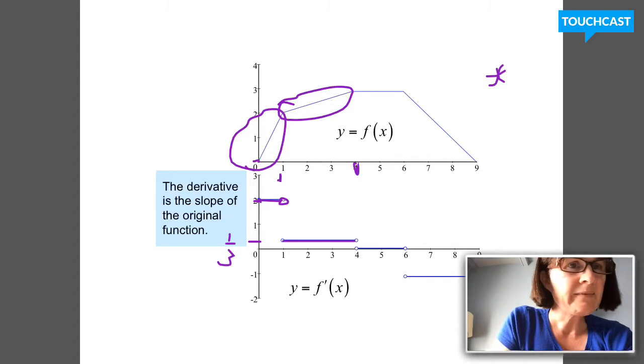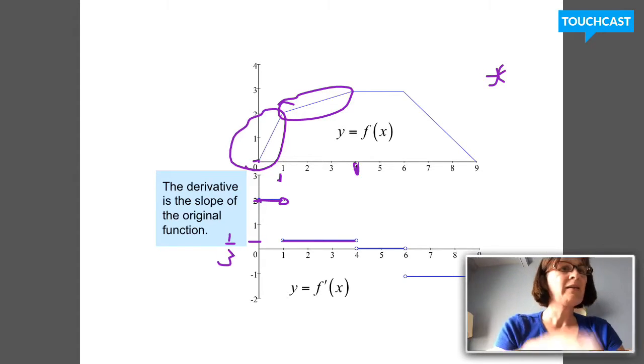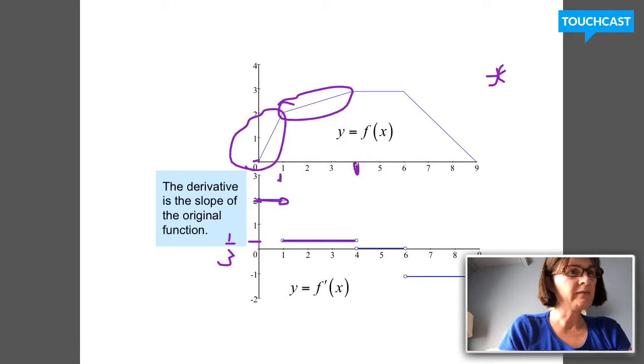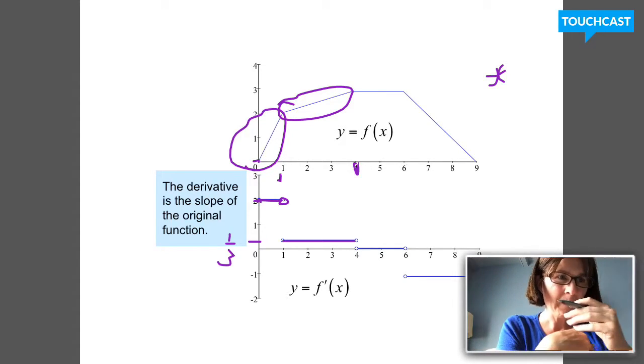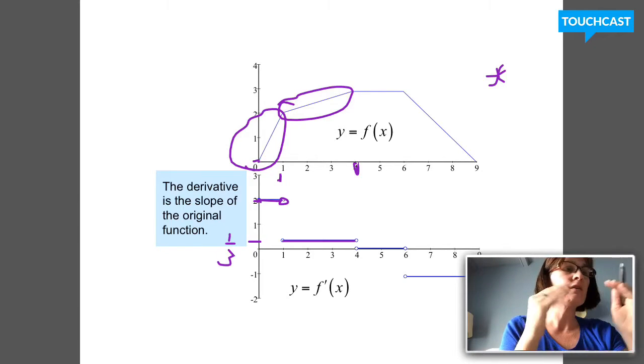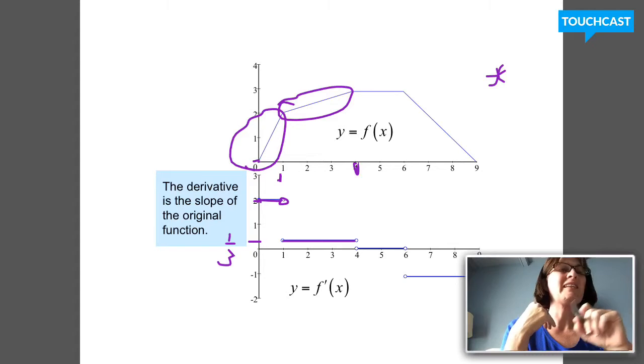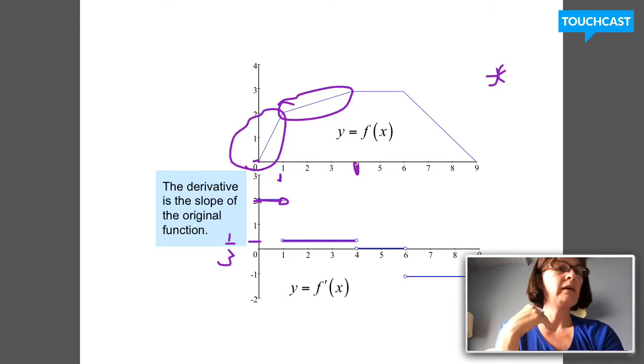And notice that as I was approaching x equals 1 from the left, my graph had a slope of 2. And as I was approaching x equals 1 from the right, my graph has a slope of 1/3. Those limits are different, which means that the function f prime of x does not have a value at x equals 1.